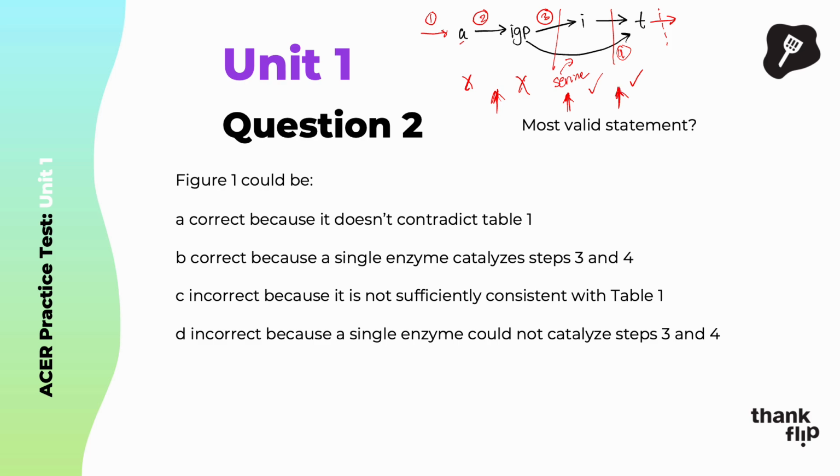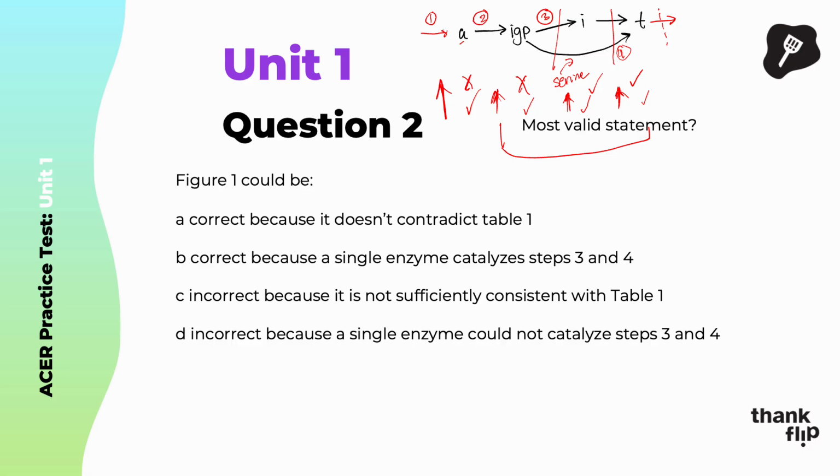Tri8 can grow when A is supplemented. And it also can grow when IgP, I, and T are supplemented, which means that there's no mutation that's affecting these downstream processes. The mutation is likely affecting step 1.